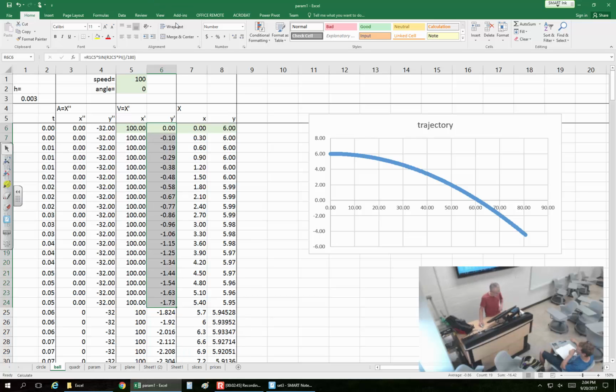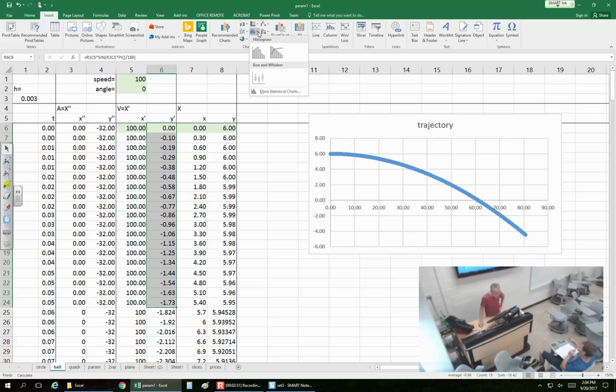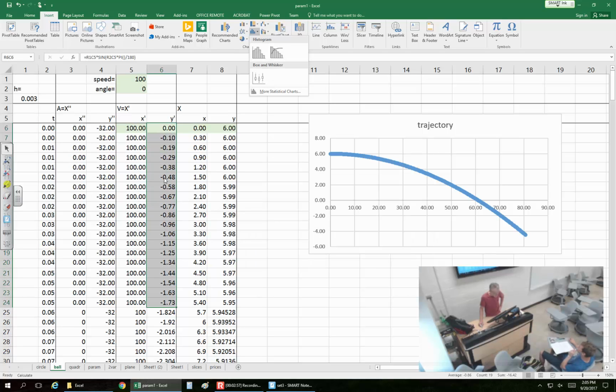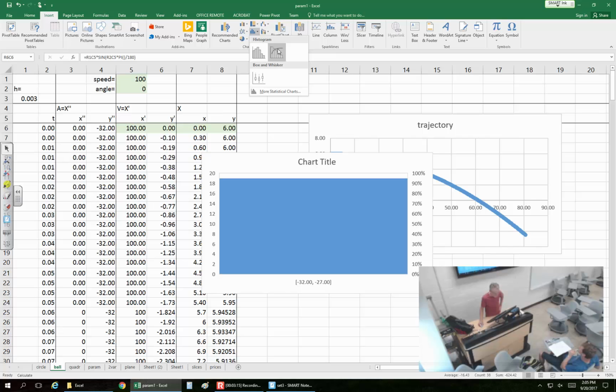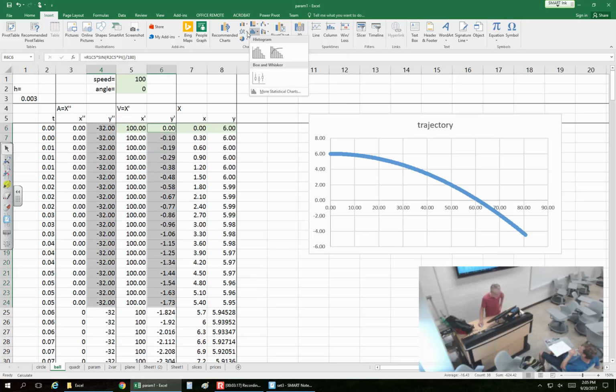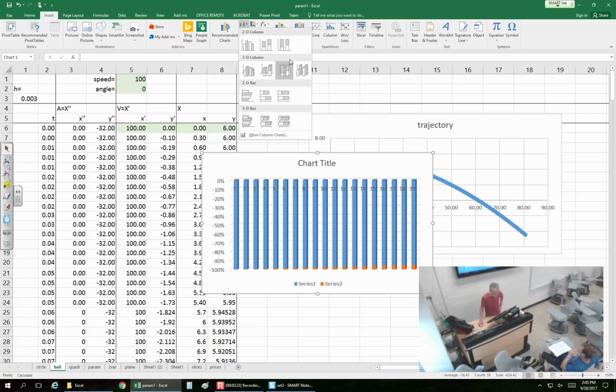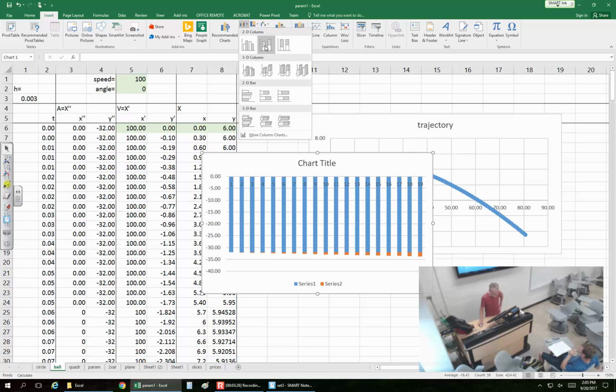So this is the velocity of y, and I will insert another chart. And the chart is a different kind. Okay, I guess it doesn't quite understand what's going on here. Let me try it this way. Maybe this one. It's not especially good at it.